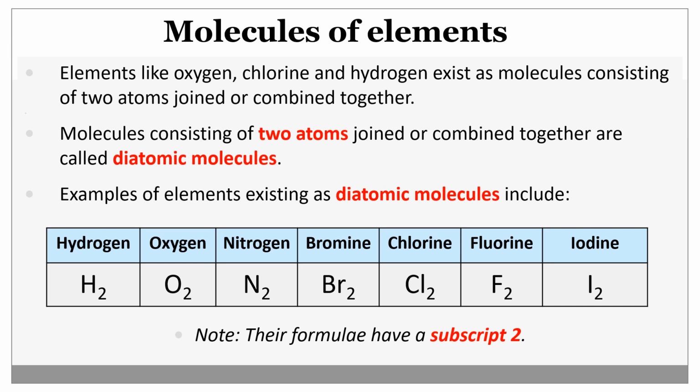Examples of elements existing as diatomic molecules include hydrogen, oxygen, nitrogen, bromine, chlorine, fluorine, and iodine. Note their formulae have a subscript 2 showing that each molecule consists of two atoms.